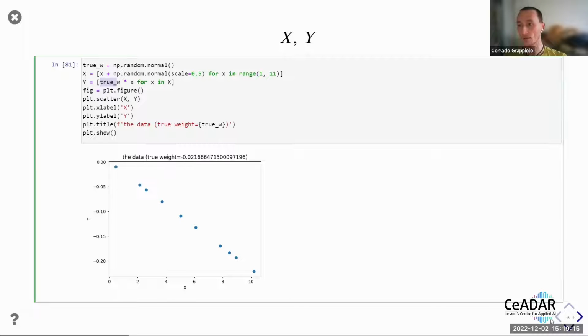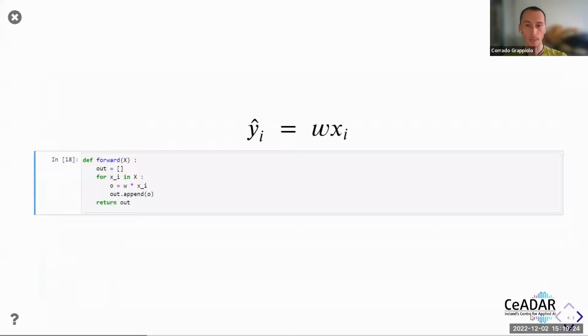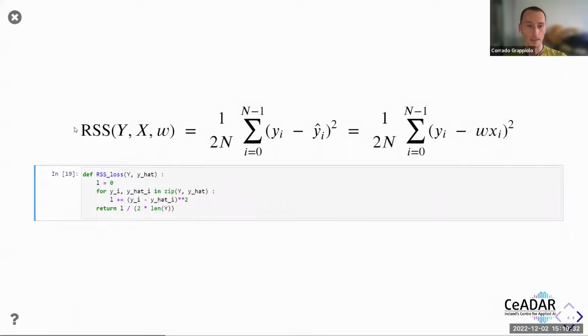The idea is to train a perceptron to predict these weights. This is the formula that the perceptron will calculate. So you can see the weights multiplied by the inputs. This here is our loss function, defined in programming language in this way.